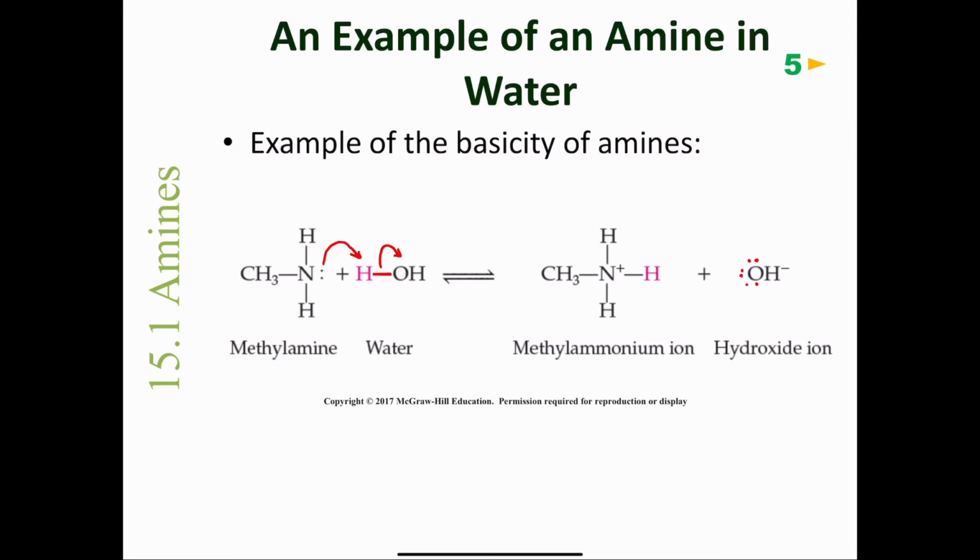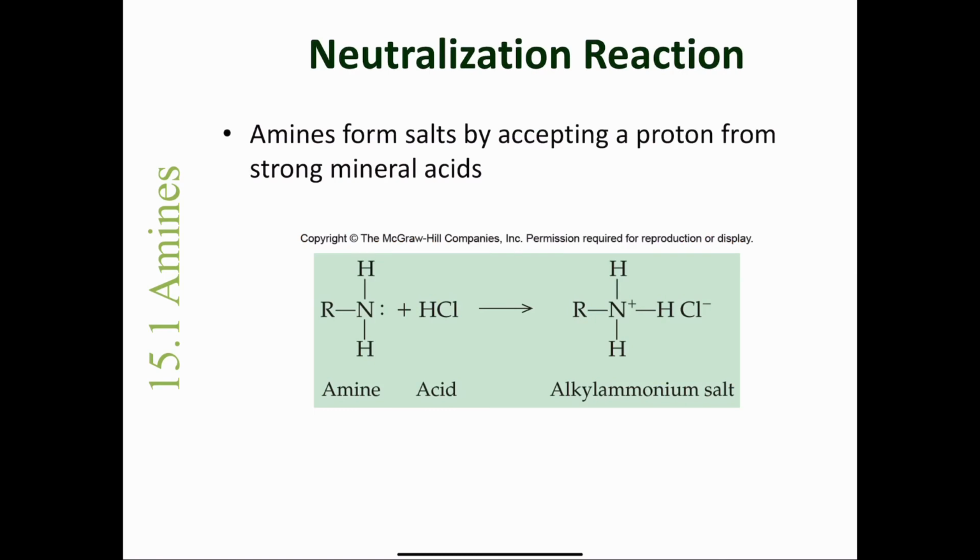And so what's the take-home message of this slide? It's that when I put an amine in water, I produce hydroxide, which is basic, and I also produce, in this case, a methylammonium ion. Now, water is not a strong acid, but when I take an amine, which is a weak base, and I treat it with an acid like hydrochloric acid, which is a strong acid, you can see that I have an arrow going in one direction.